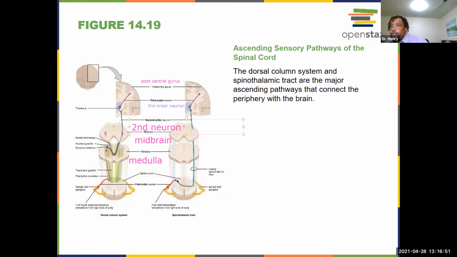The second order neuron is then going to go to the thalamus, and at the thalamus it's going to connect to the third order neuron.